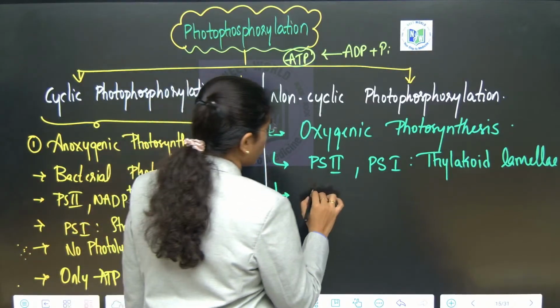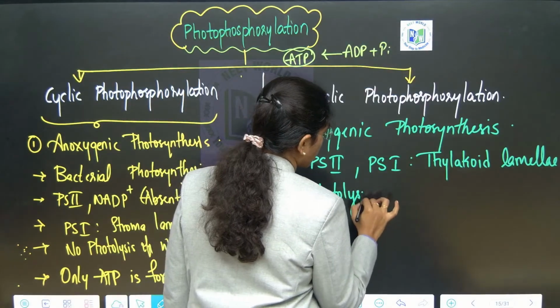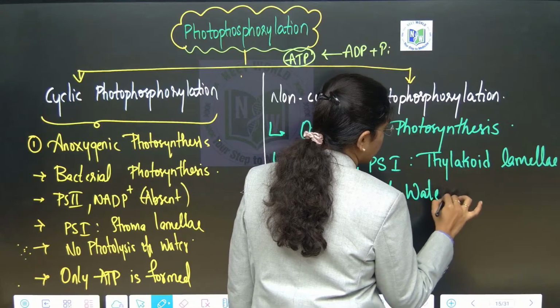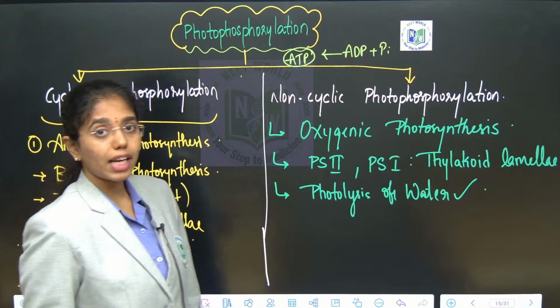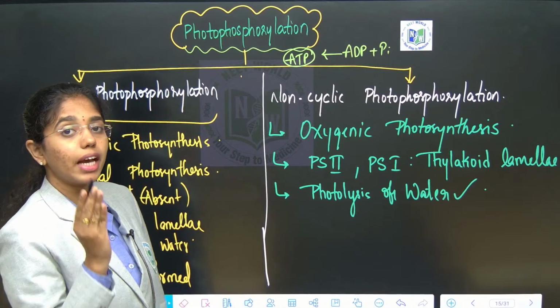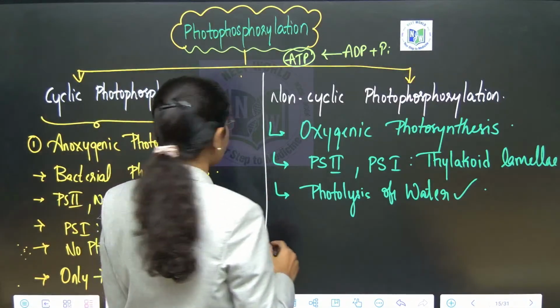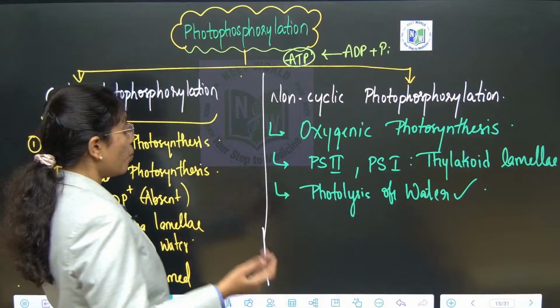Photolysis of water takes place here. Fine. Where does photolysis of water take place? In the inner thylakoid membrane towards the lumen. The locations or sites of reactions we discussed yesterday more clearly.